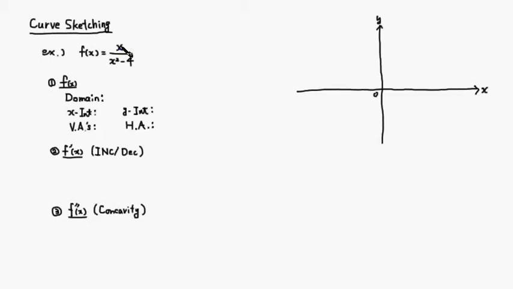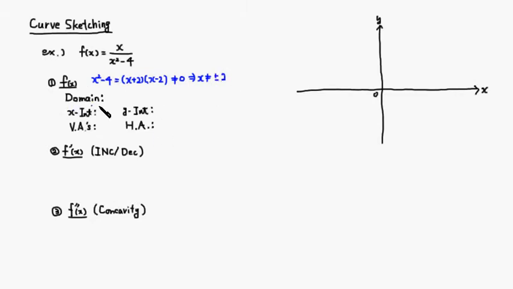Since it's a rational function, we have to worry about the denominator being equal to 0. We don't want x squared minus 4, which can be factored as x plus 2 times quantity x minus 2, to be 0. So x cannot be negative 2 or positive 2.